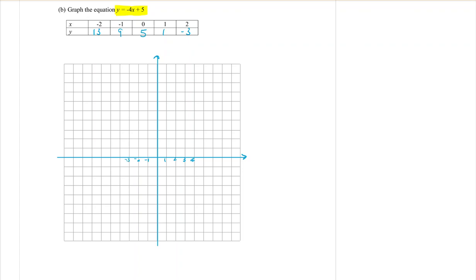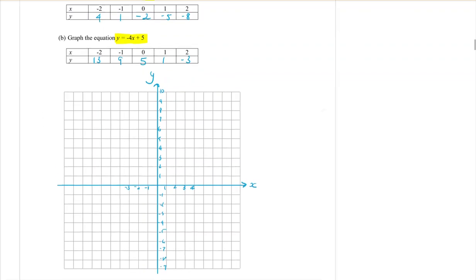That's the x-axis, so make sure there's an x on the end of that. And then on the vertical axis, positive going up, and negative going down. Okay, so that's the y-axis.